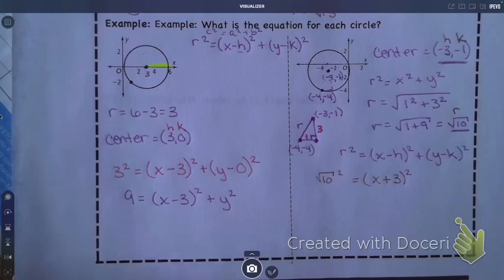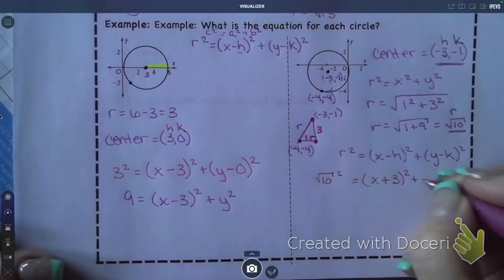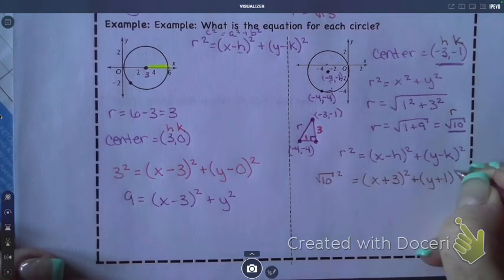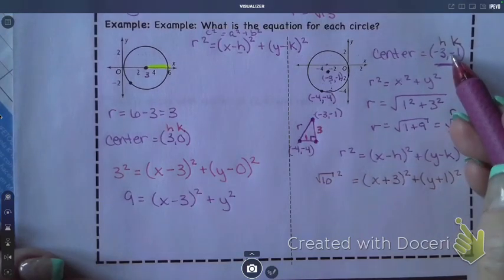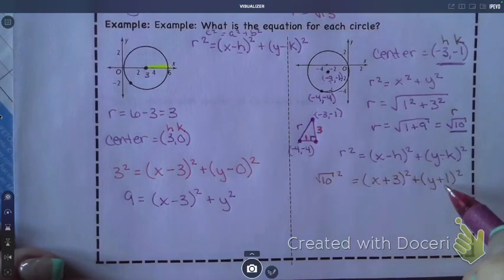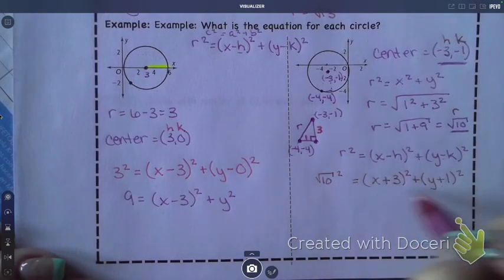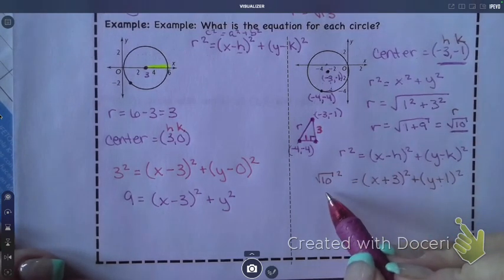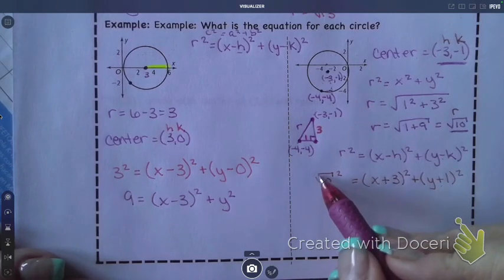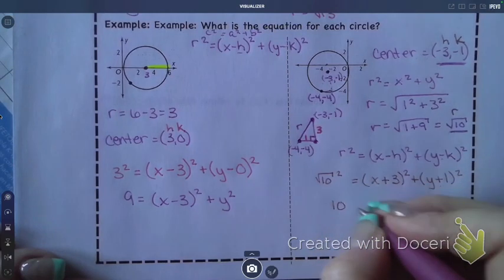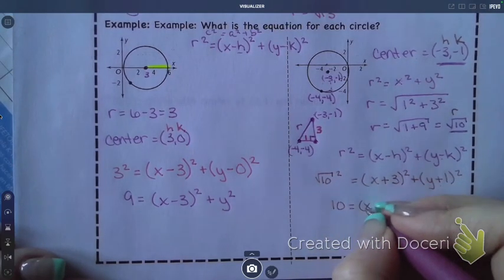Okay? Plus y plus 1 quantity squared. Why is it plus? Because a negative and a negative made it positive. So we're good over here simplifying it, but should we simplify this? Yes. So the square root of 10 squared is just 10.